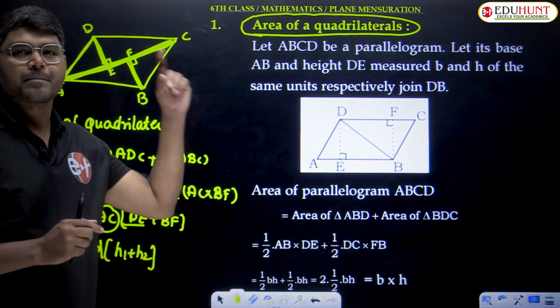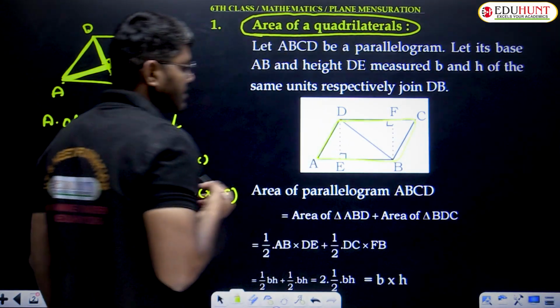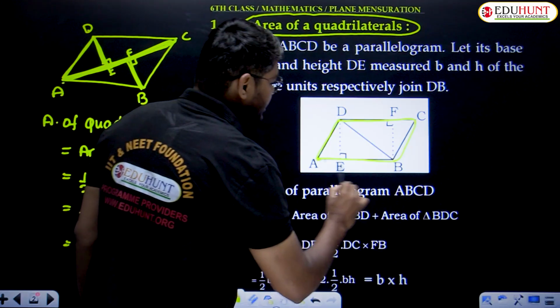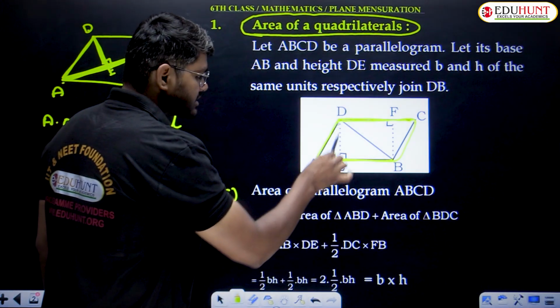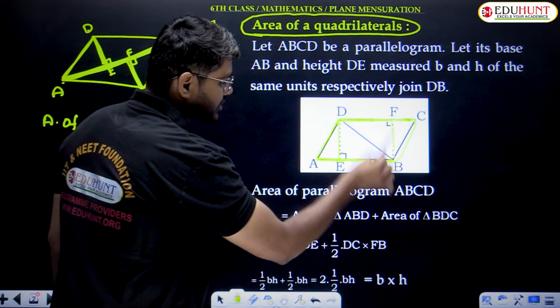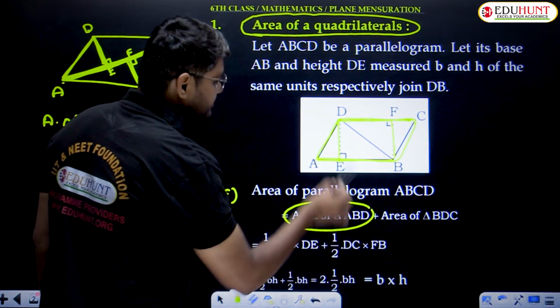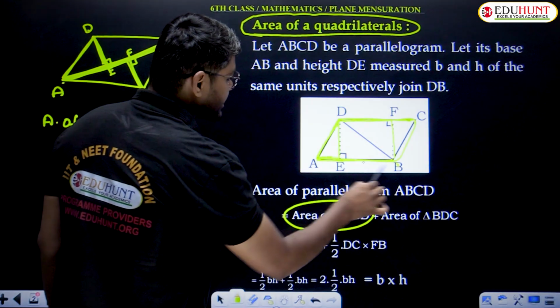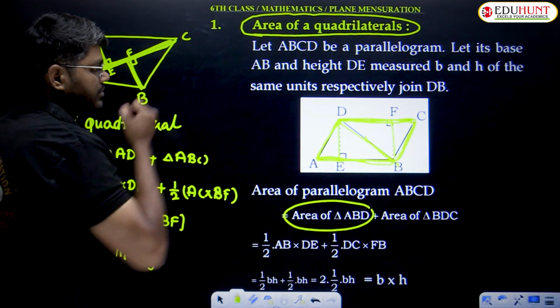If I take the parallelogram area, this is a parallelogram ABCD. In this parallelogram, AB is base and CD is base. This is perpendicular height, this is also perpendicular height. So area of triangle ABD, this area plus this area is area of parallelogram.